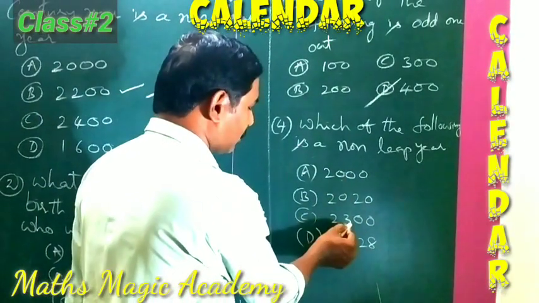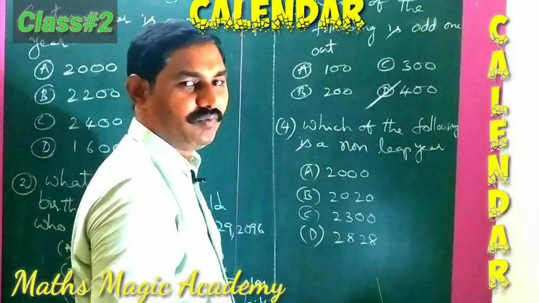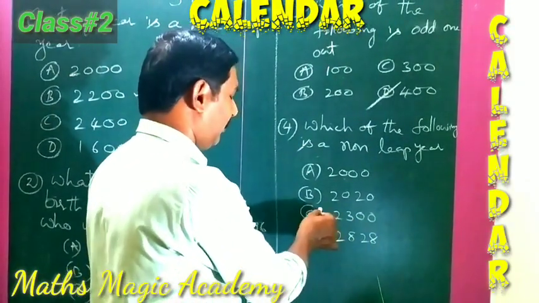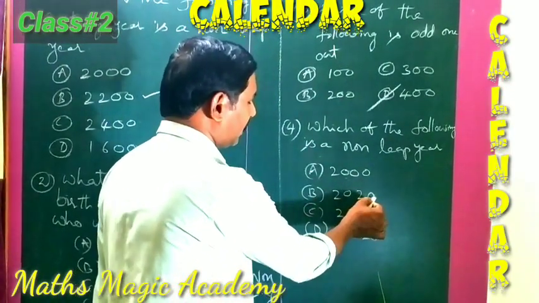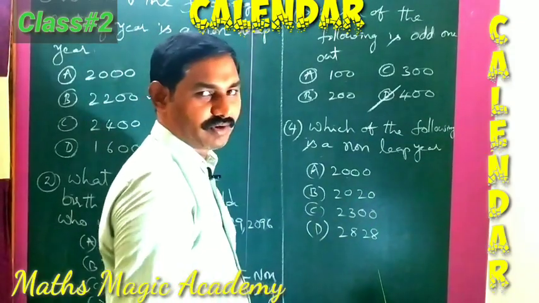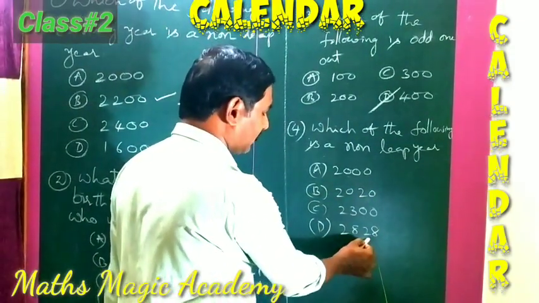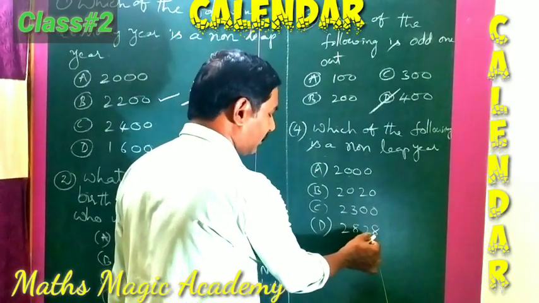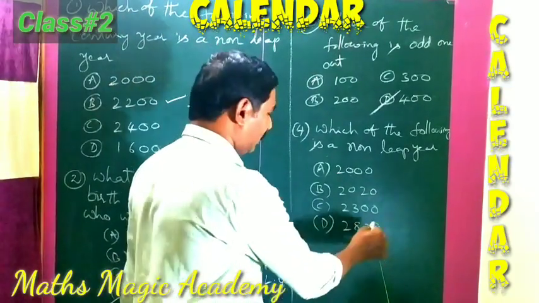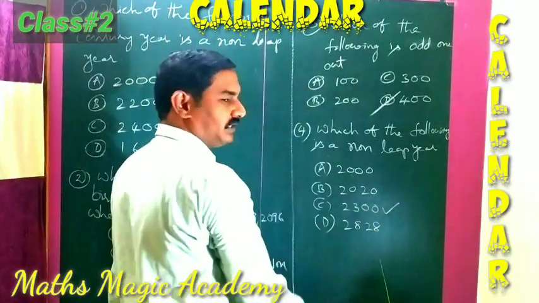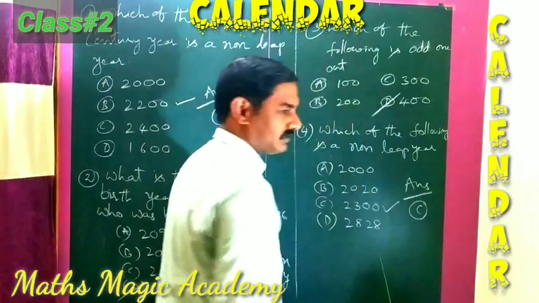And century year 2300 is not a multiple of 400, so it is a non-leap year. 2020: 20 is divisible by 4, so it is a leap year. And 28 is also divisible by 4, so it is also a leap year. So the answer is 2300, option C.